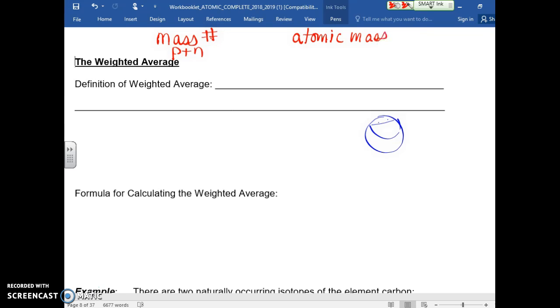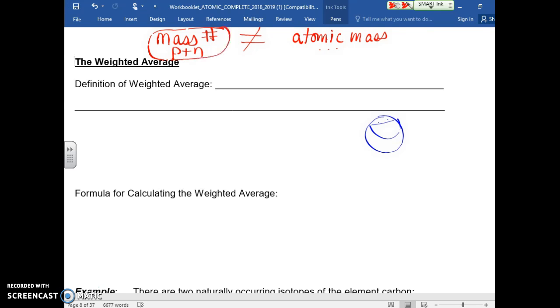Guys, one thing I have to stress to you is that the mass number and the atomic mass are not synonymous. The atomic mass, as we're going to see, is a weighted average of all of the naturally occurring isotopes of a given element, whereas the mass number only concerns one specific isotope of an element.